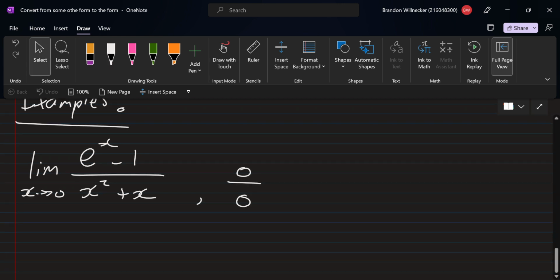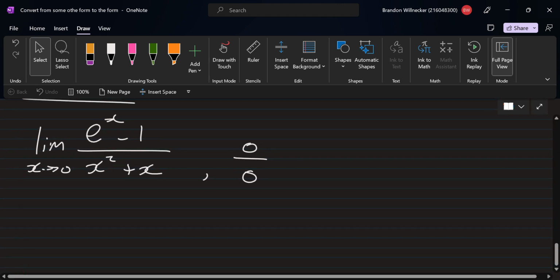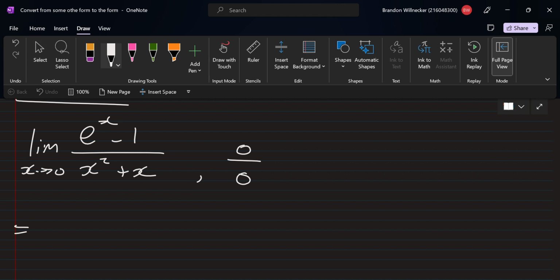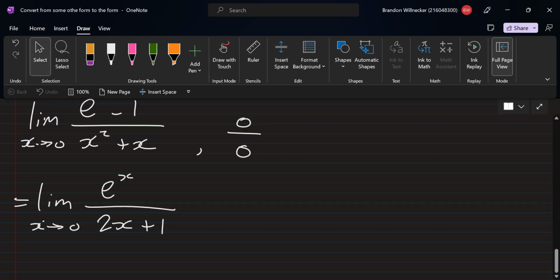Since we've got it in that form, we can then use L'Hopital's rule to simplify. So this becomes the limit as x goes to 0. Derivative of the top is just e to the x. Derivative of the bottom is 2x plus 1. Now we check again. Can we do the limit?